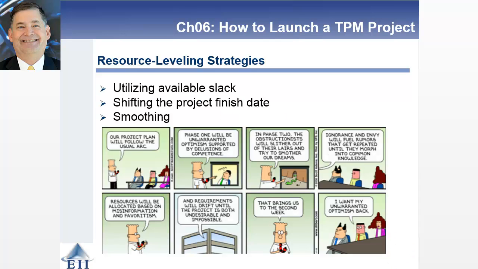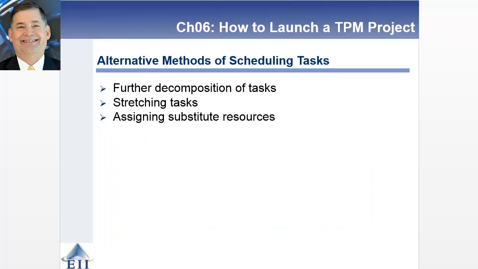So as you're looking at leveling out your resources and addressing issues, if you've got some slack in a particular project that allows you to address different challenges that may come up, you may be able to shift the project date out. And we talked about smoothing earlier on, but this idea that we can reallocate resources so that we can minimize disruption to a project delivery date.